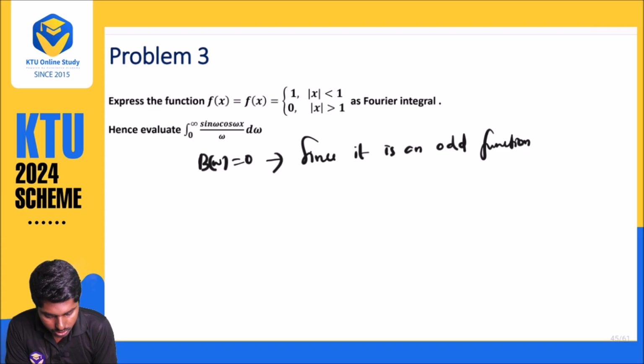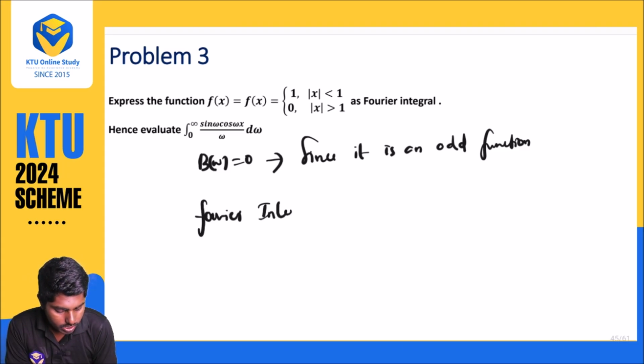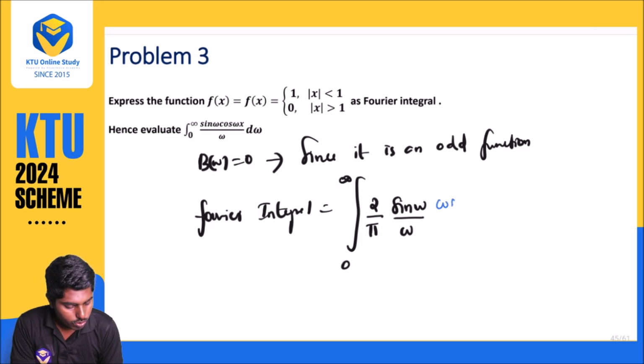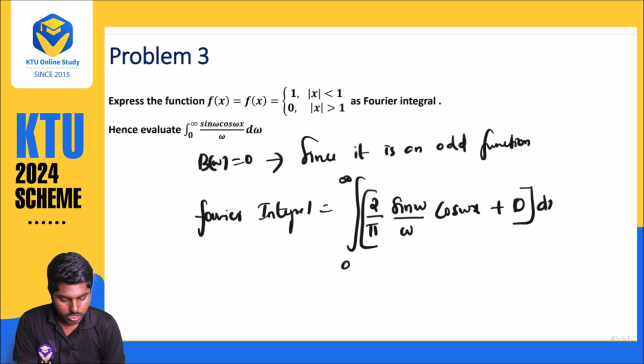The Fourier integral is the integral from 0 to infinity of a omega, where a omega is 2 divided by pi sin omega divided by omega, into cos omega x, plus b omega, which becomes 0, into sin omega x dx.